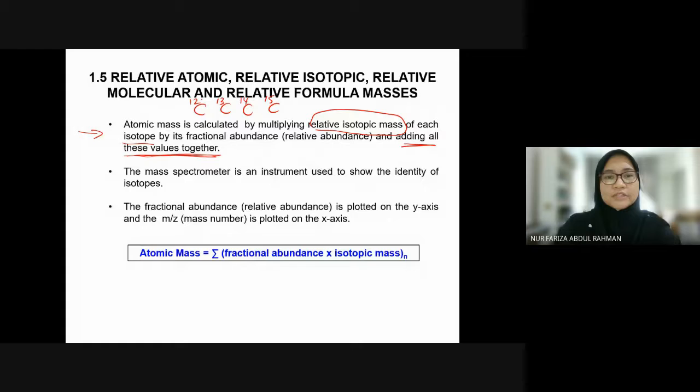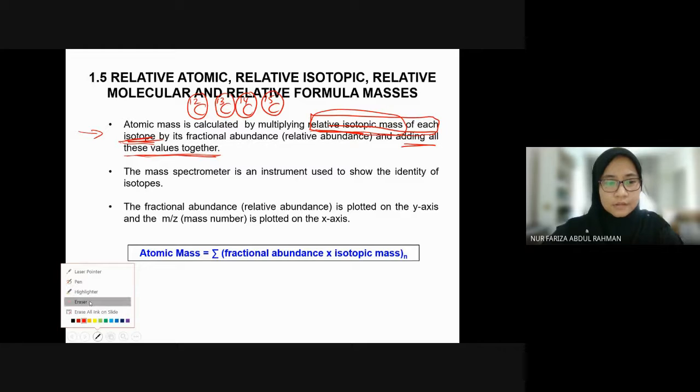So we need to know the mass of each isotope. We need to know the actual mass of each isotope. This is what is meant by the relative isotopic mass of each isotope.